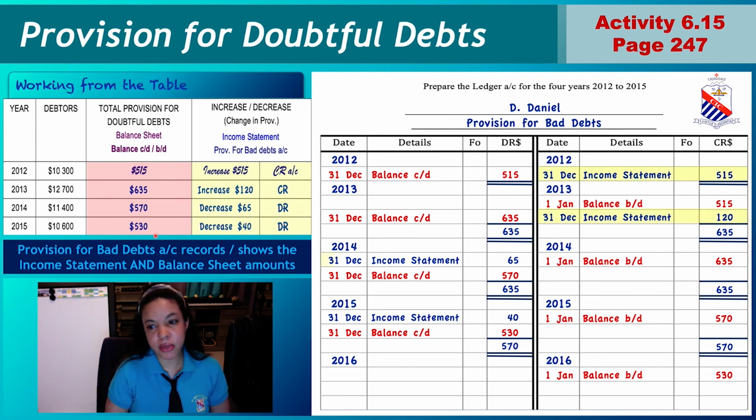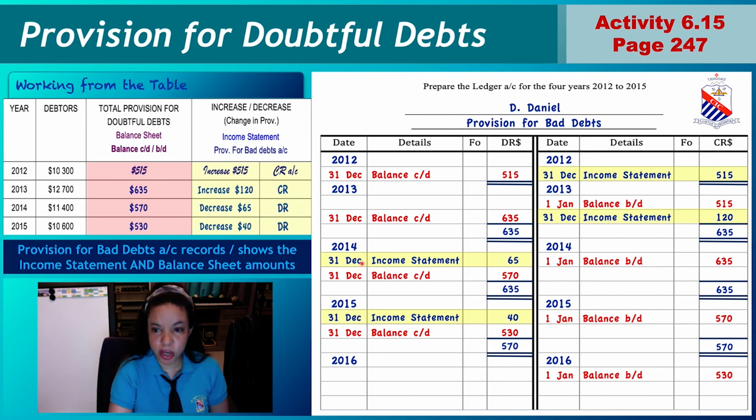So, we said it was very obvious about the income statement, but just for you to note it, we already showed how in red this shows the amounts in the balance sheet. As we said, the account also shows the amount that goes for the income statement. On this side, this will show that there were two increases. So in 2012, there was an increase. In 2013, there was an increase in the provision.